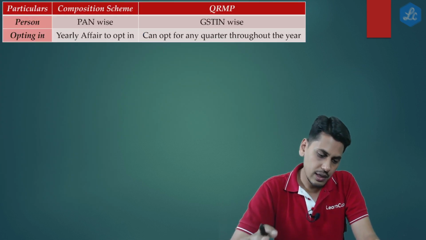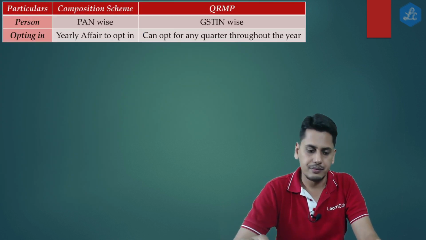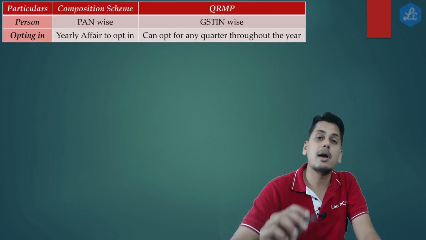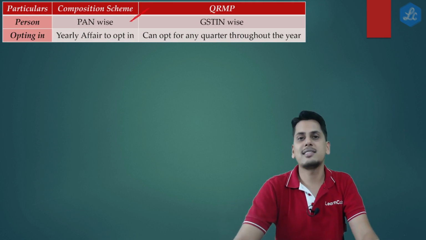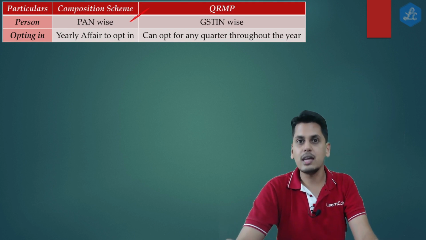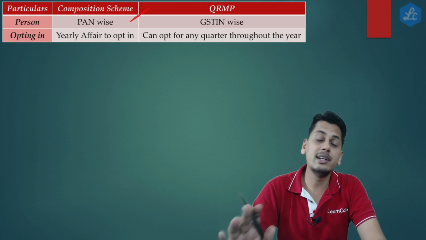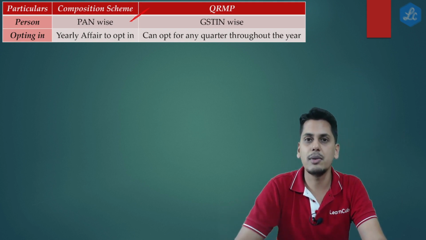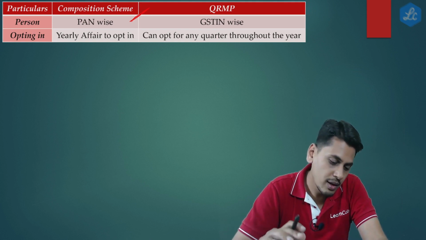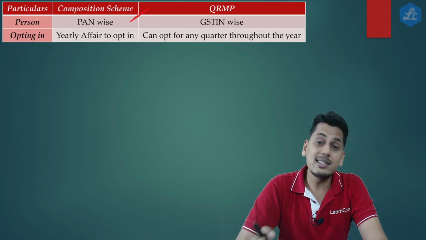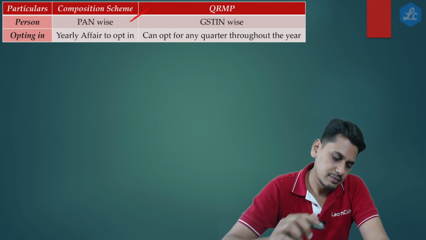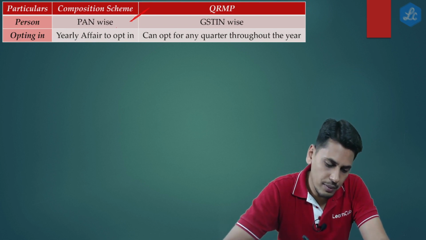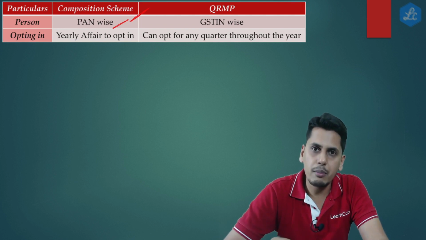So friends, we have drawn two differences between the composition scheme and the QRMP scheme. It is important for me that you understand these differences because in this entire video, at 2 or 3 places, I have interchangeably used composition scheme and QRMP scheme by mistake. So friends, now there is a difference between them. As regards the composition scheme, it is PAN number wise.